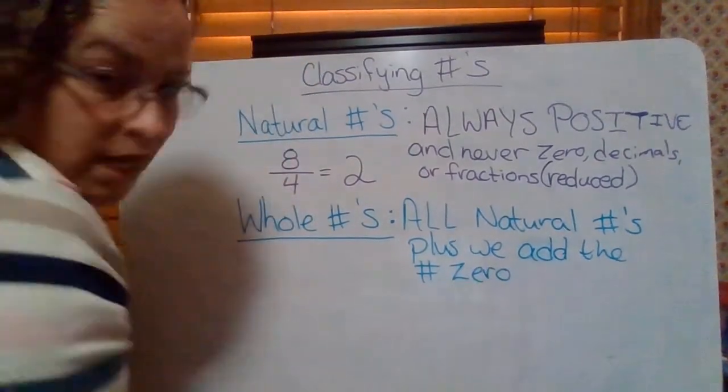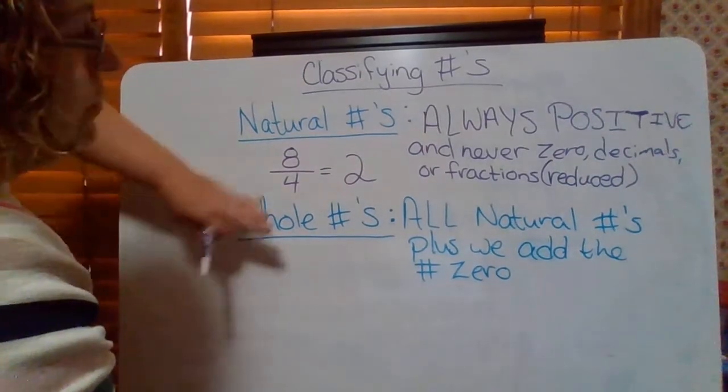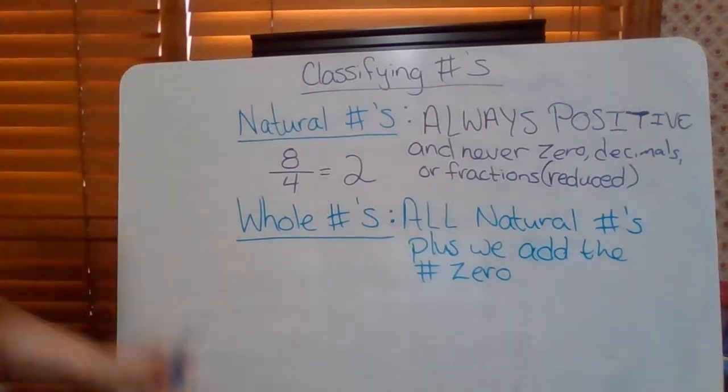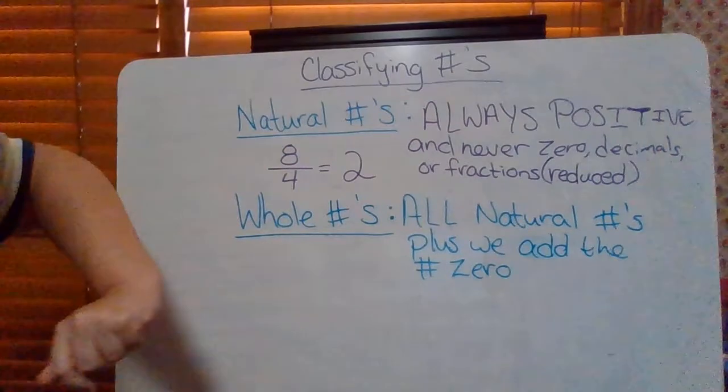Now, 0 is neither positive nor negative. It's just 0. So whole numbers are all natural numbers, plus we add in 0. Okay? So it's still no decimals or fractions, though.